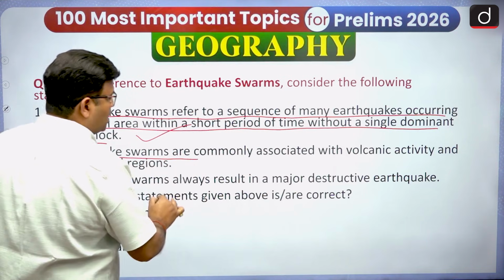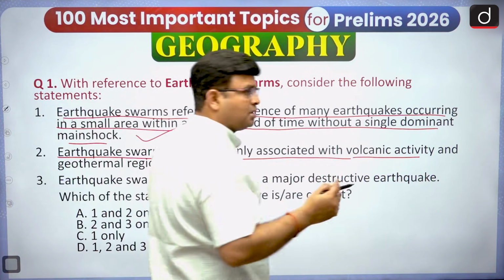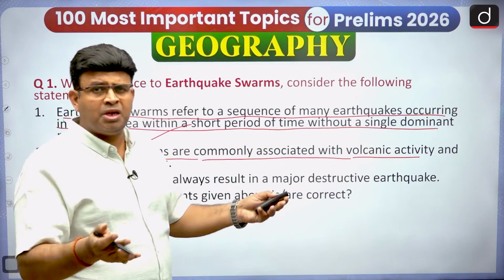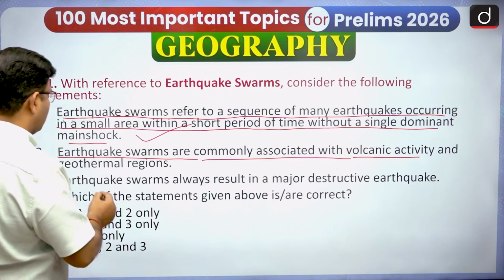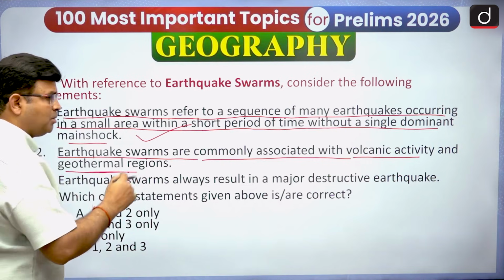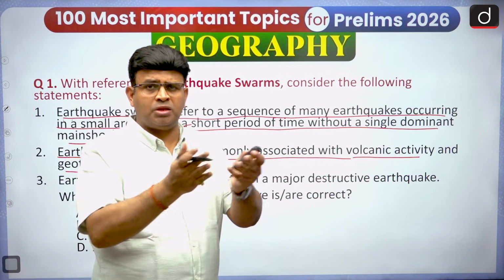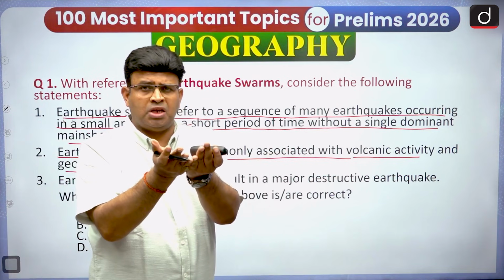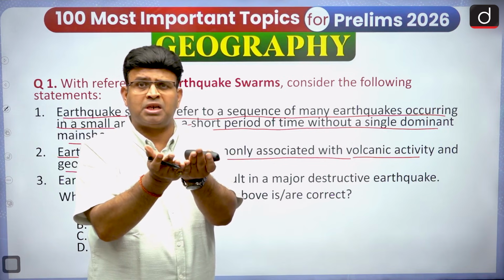Second: earthquake swarms are commonly associated with volcanic activity, where at the divergent boundary magma is coming out, or with a hydrothermal vent, tectonic stress, volcanic activity and geothermal regions. Geothermal means hydrothermal, along the mid-oceanic ridge where the plates are separating in the middle of the ocean, like the Mid-Atlantic Ridge.